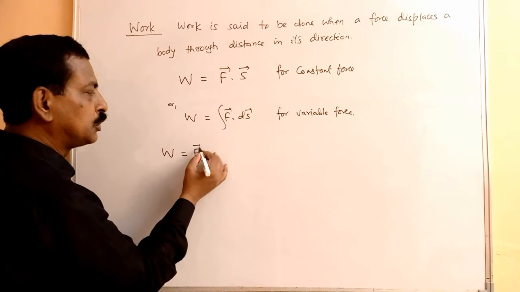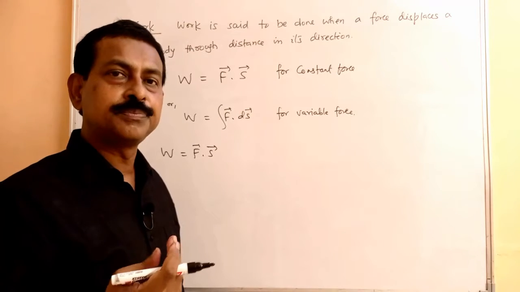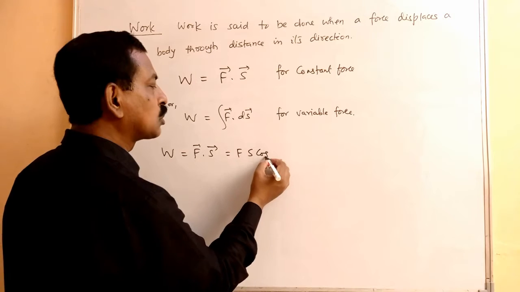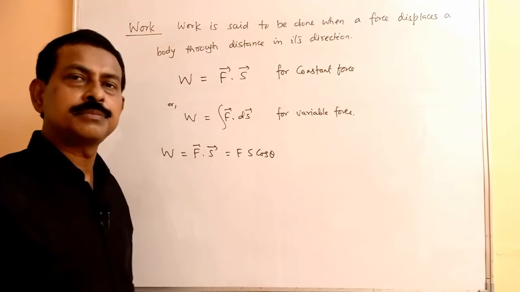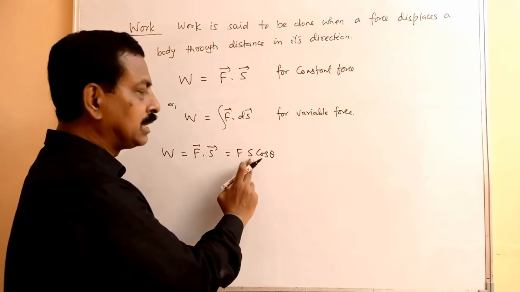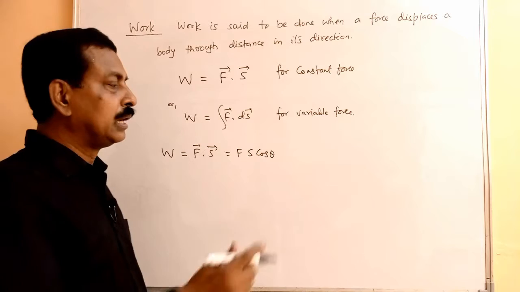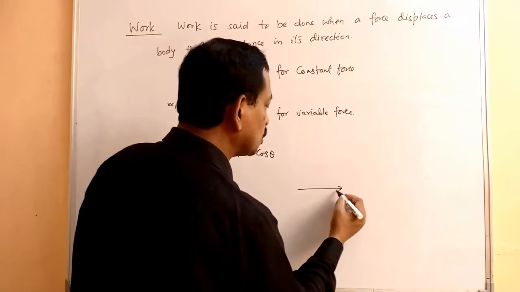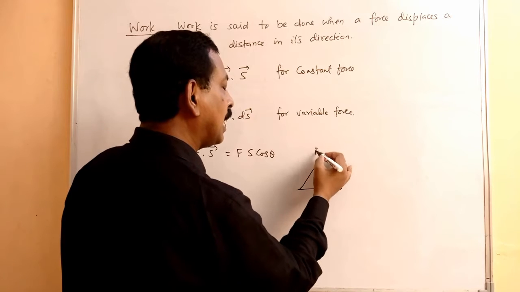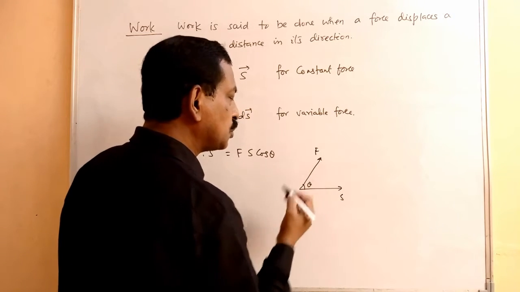Now let's take this basic expression. W is F dot S. As it is the dot product, in that case we can write this as your Fs cos theta. So here we have force and displacement and theta is the angle between the two. Like if you have suppose force here and this is the displacement and the angle between the two is theta.